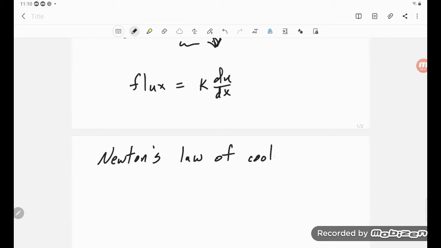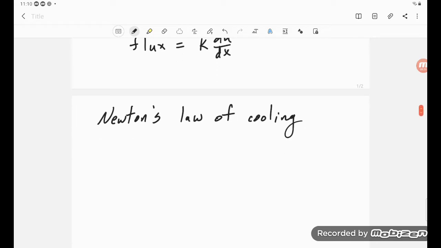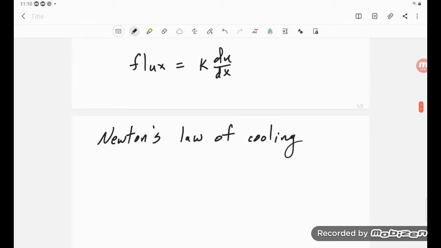I think if you had Lagrange, you probably saw it in Calculus 1, but I'm not sure. And I have no idea if you had Calculus 1 from Ratliff, if you happen to see Newton's law of cooling. But it simply says that the rate of change is simply proportional.